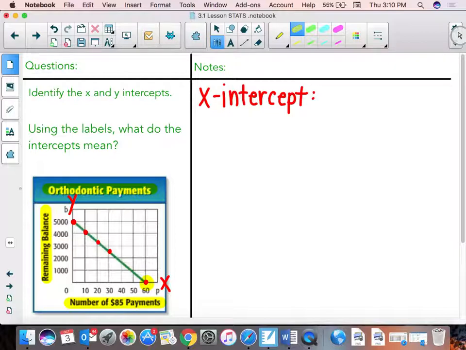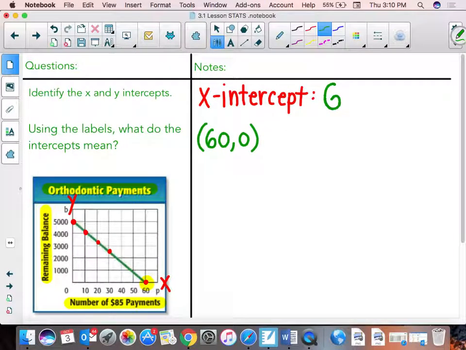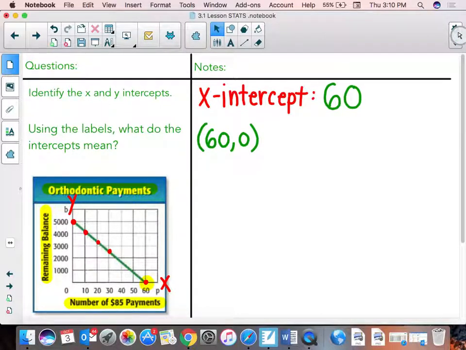That is right there. That ordered pair is 60, 0, but your x-intercept isn't that ordered pair, it's just the x value. So you want just 60 to be your x-intercept. You don't need 60, 0. The line crosses the x-axis at the number 60.